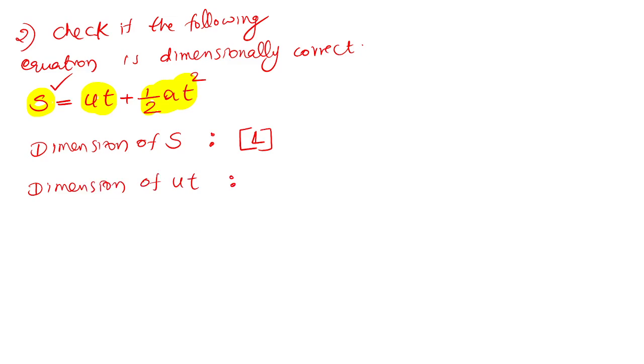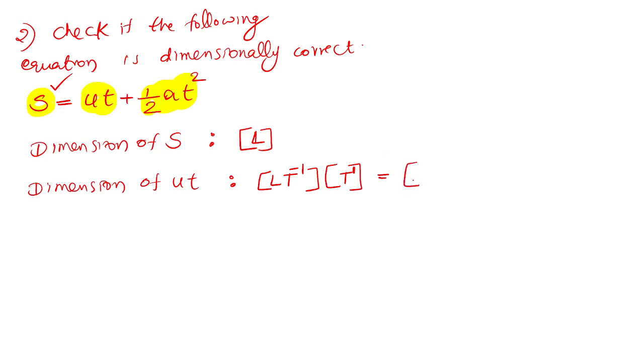I will explain that. U is the initial velocity. I told you in the previous class, the dimensions of velocity and acceleration, you have to memorize. U is the velocity, which has the dimension L into T raised to minus 1. And t is the time, which has the dimension T. T or T raised to 1, both are the same thing.